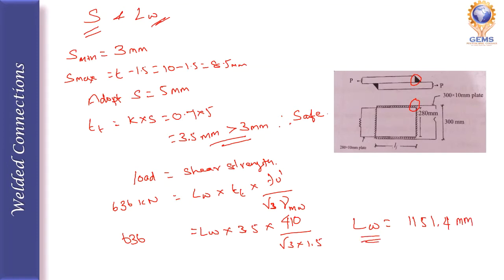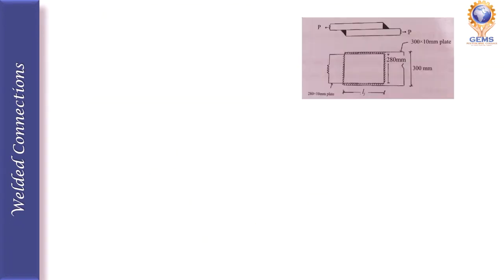So Lw value we know, but we have to find Lj. How can we find the Lj value from the diagram? We know effective length is equal to 2 times Lj plus 2 into spacing value 280.